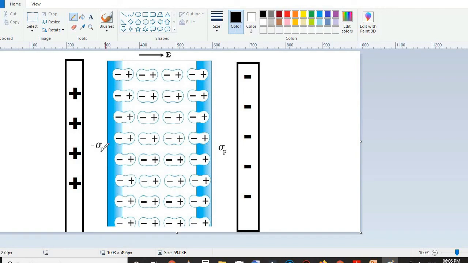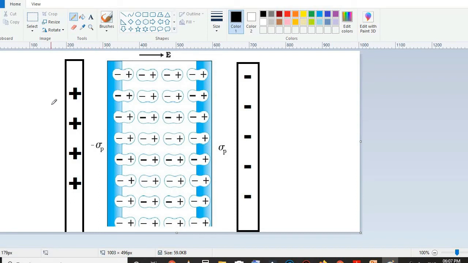I will say once more. When sigma increases, sigma meaning the charge density of the plate, E will increase. When E increases, sigma P will increase. Therefore, already sigma increased and sigma P also will increase. Therefore, sigma minus sigma P also will increase.